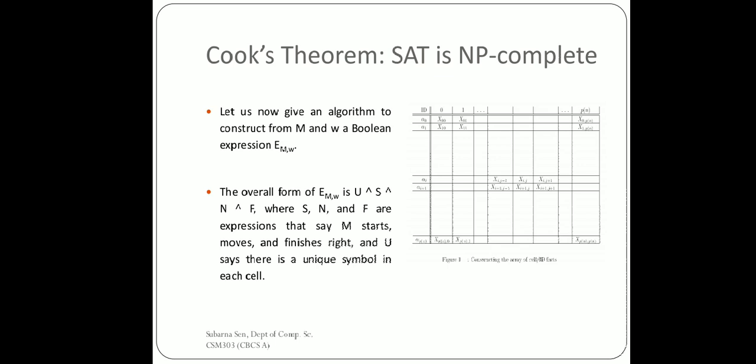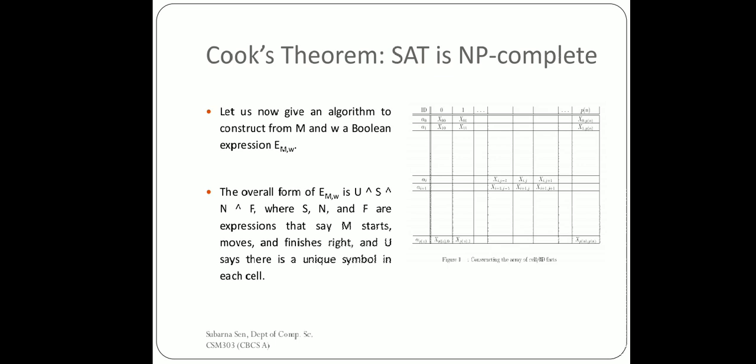If you follow the previous few slides, there we have incorporated 3 points. We have to assure that we are starting correctly, we are moving next correctly, and we are finishing correctly. So those 3 parts come under S, N and F. And U is a unique symbol for each cell.